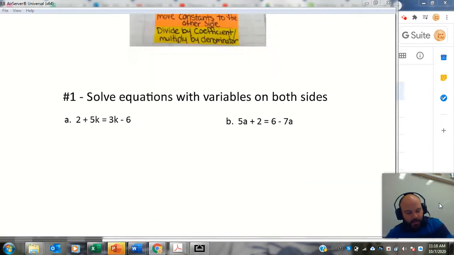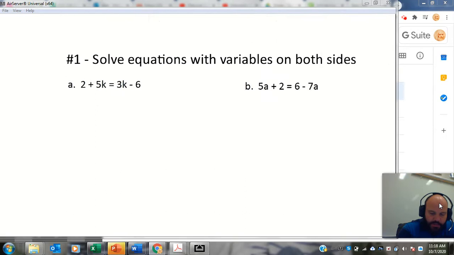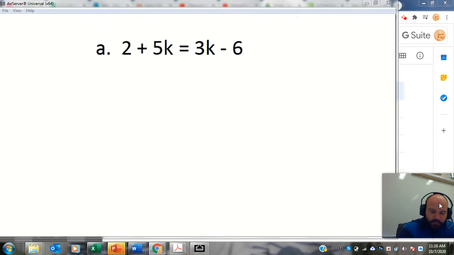So let's get started. The first two examples I'm going to show you are these two. I'm going to zoom in just a little bit. You can see the directions say solve equations with variables on both sides. And so we have this right here. First thing I like to do, when we're solving equations, is draw our line down there.